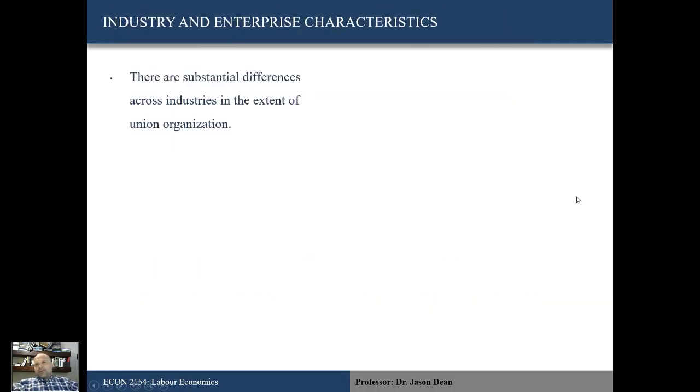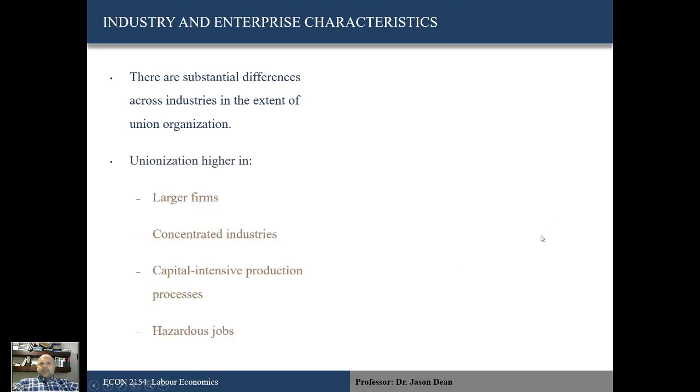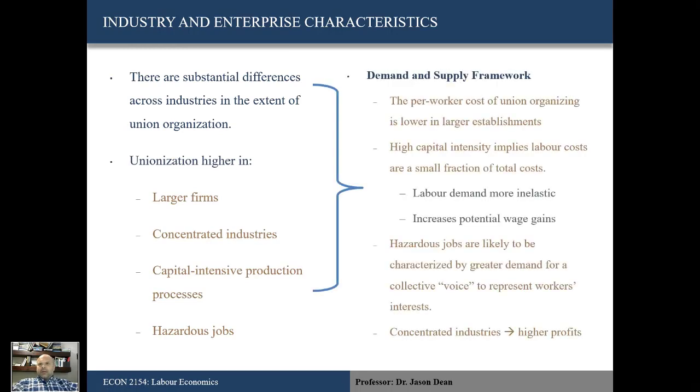So there are substantial differences across industries in the context of union organization. So unions tend to be higher in larger firms, concentrated industries, capital-intensive production processes, and hazardous jobs. We can use the demand and supply framework to think about why this is the case.